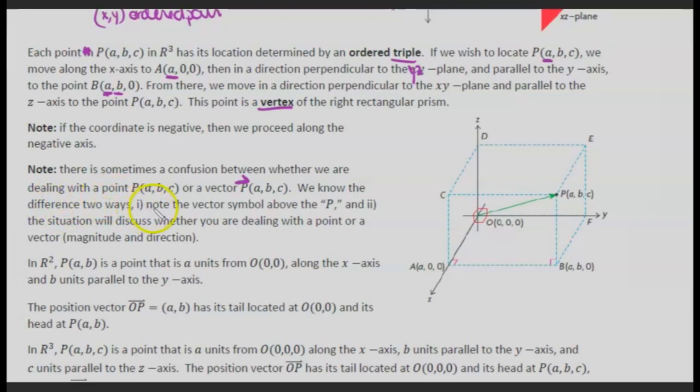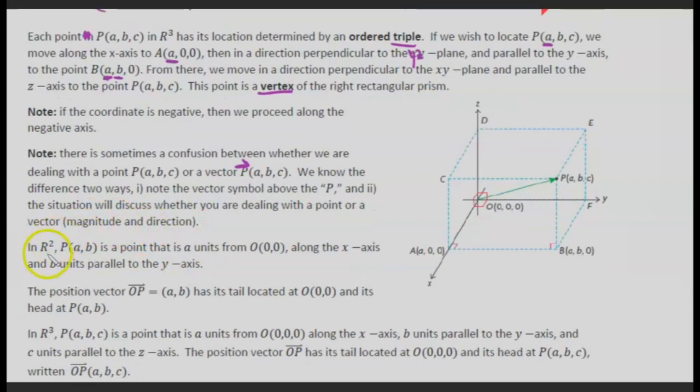Number one, note the vector symbol above the P, which tells you it's a vector. And number two, the situation will discuss whether you're dealing with a point or a vector. Remember, a point would just be three magnitudes, a, b, c, but a vector would be magnitude and direction.